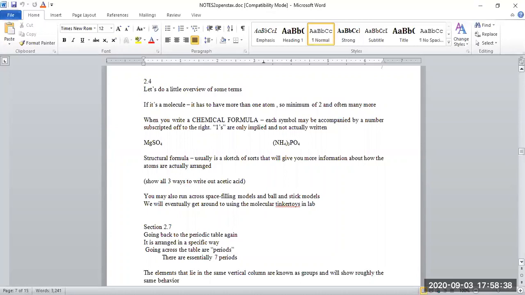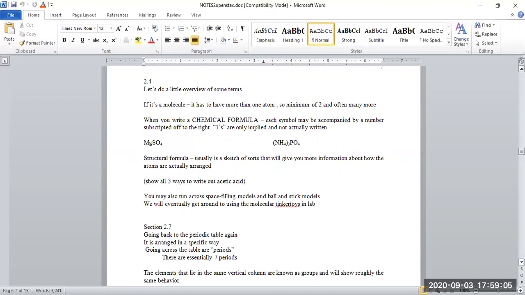The number on the outside of parentheses only operates back to the left. It does not go forward. It only affects the things inside the parentheses, and it doesn't affect the phosphorus or the oxygen there. But it's still one molecule, right? Yeah, it's still a molecular formula. Just one molecule.